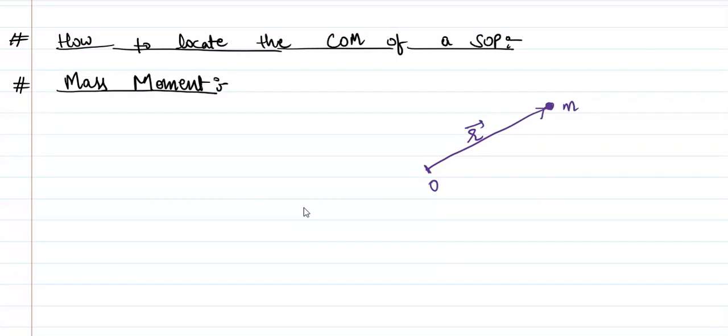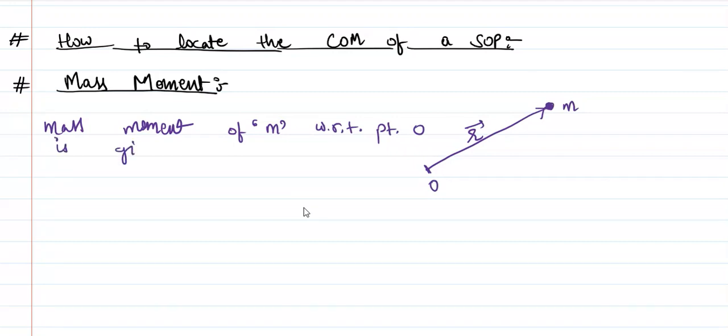Now suppose the mass moment of m with respect to point O is given by the formula z vector equal to m multiplied by r vector.